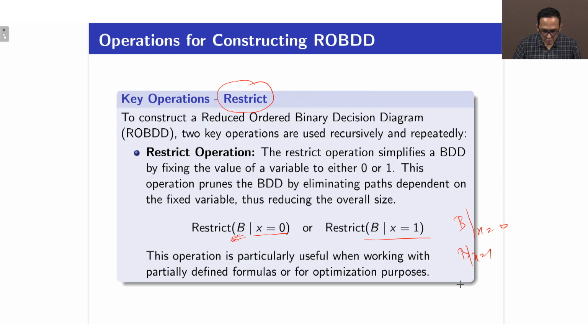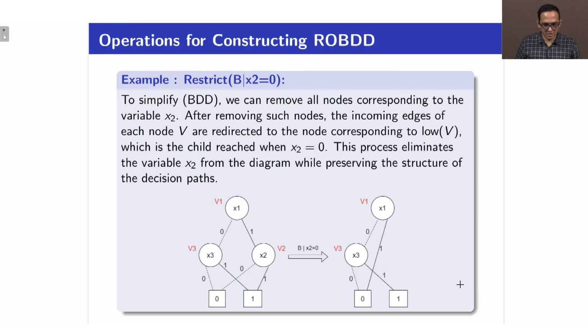This is the restrict operation. Just to explain, let us say I have this BDD. Here is a little bit of a problem: x3 should be at the next level, because this cannot be in the same level. This is the BDD I constructed in the previous class. Now if I want to restrict this BDD where x2 equal to 0, then effectively this becomes 0.